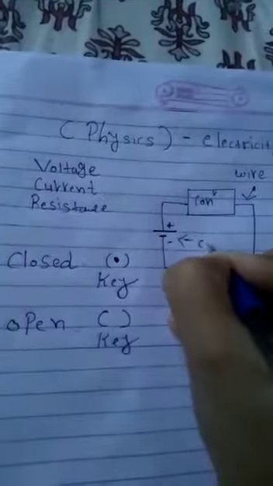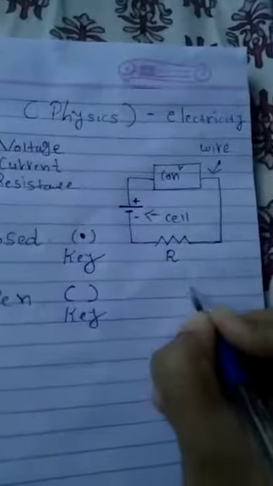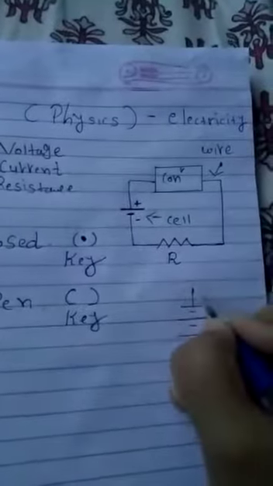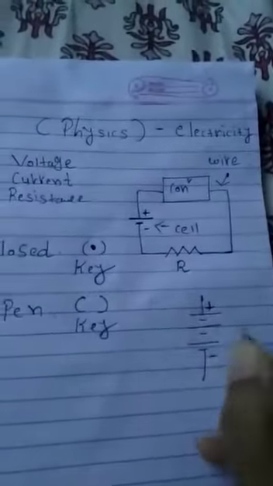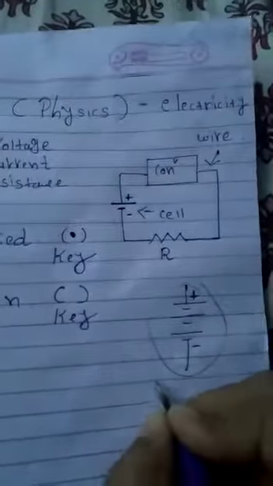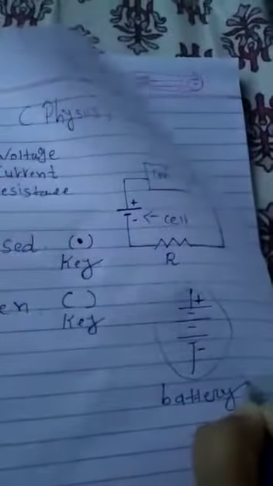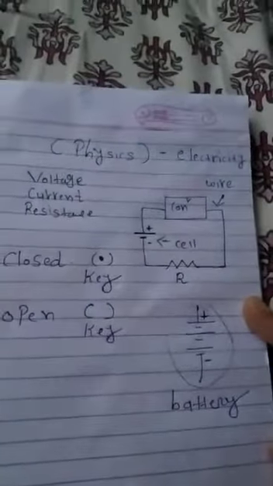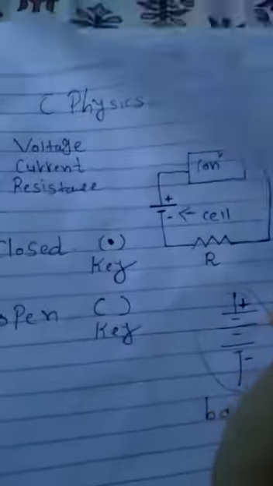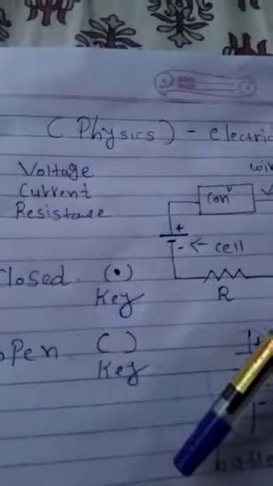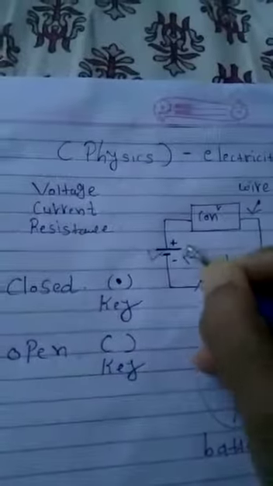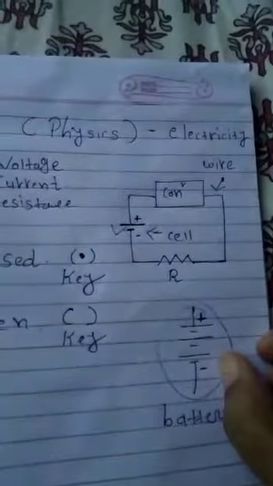This is a cell. But now I'm going to draw it like this. This is positive, this is negative. So this is the combination of cells, which is called a battery. But only one positive and negative terminal is a cell. You know the symbol of the cell and the battery symbol, all right?